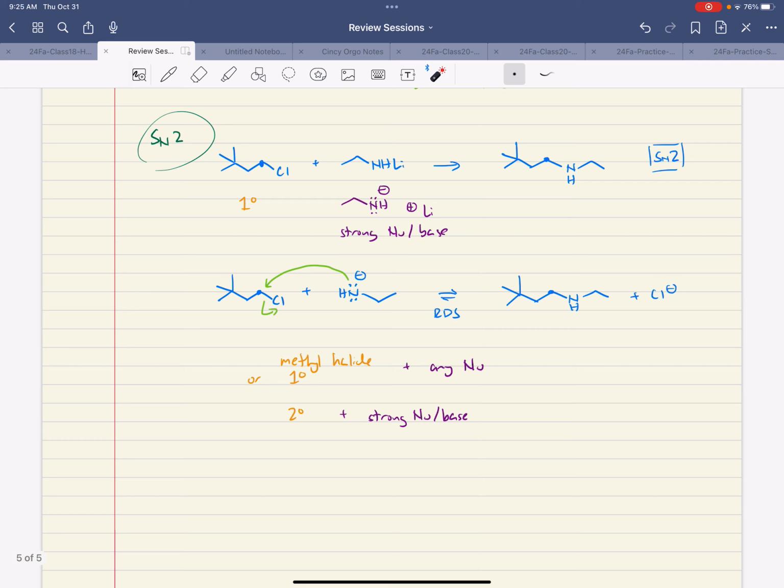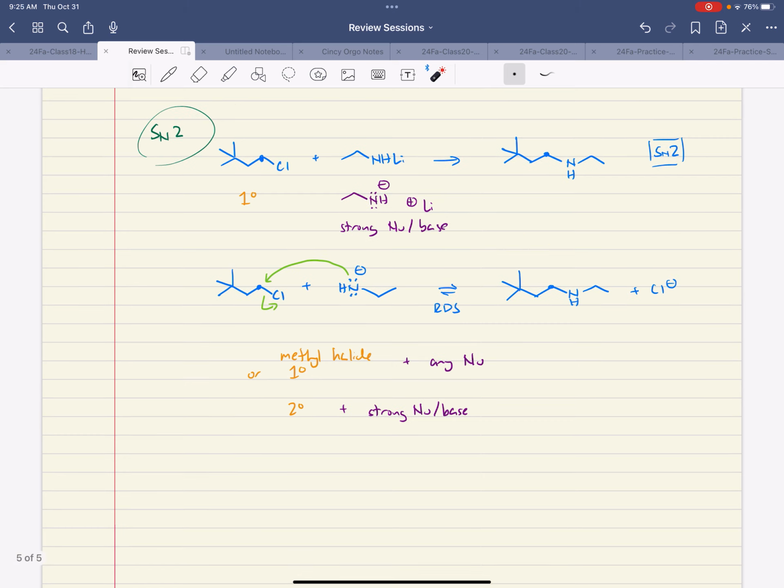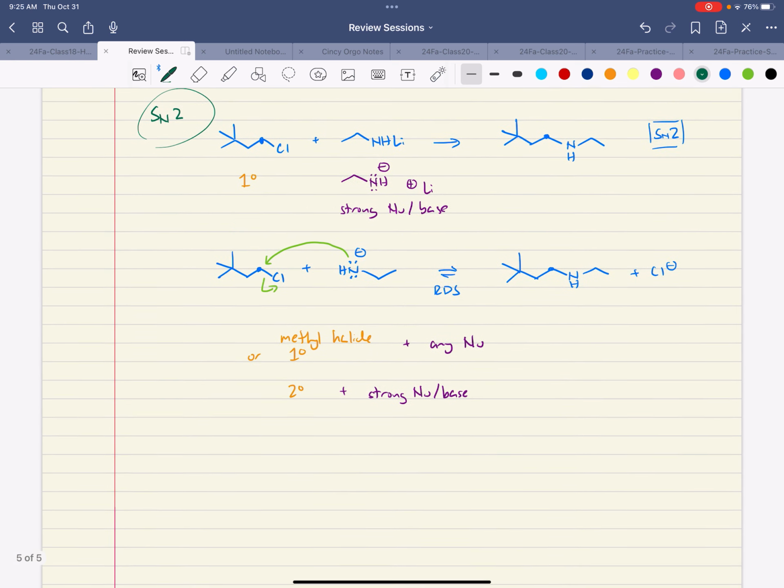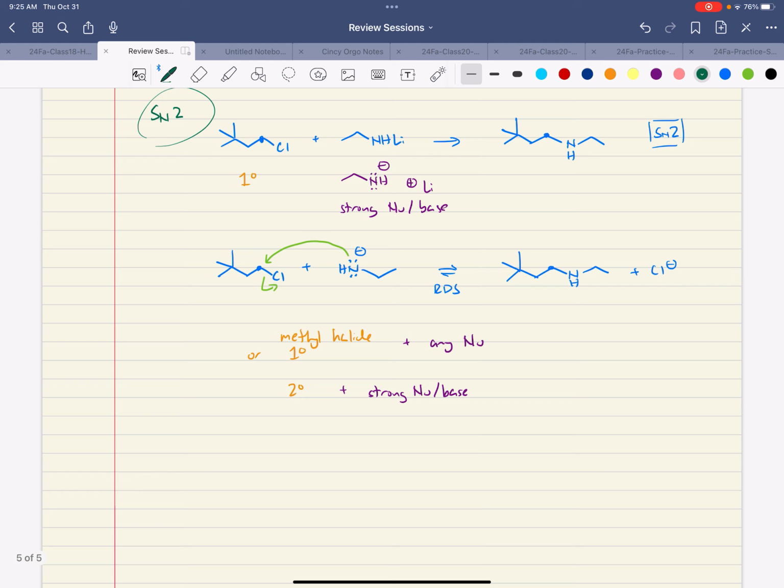Again, I'm trying to tell you the conditions that would lead to an SN2. Well, what are the conditions to lead to an SN1 then? I want to get this on one sheet. Let's see if I can do that. SN1. All right, tertiary for sure.